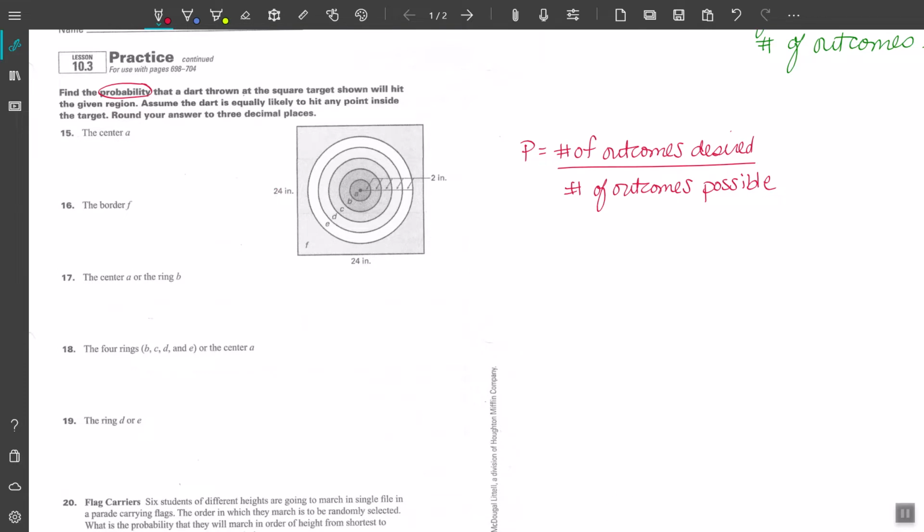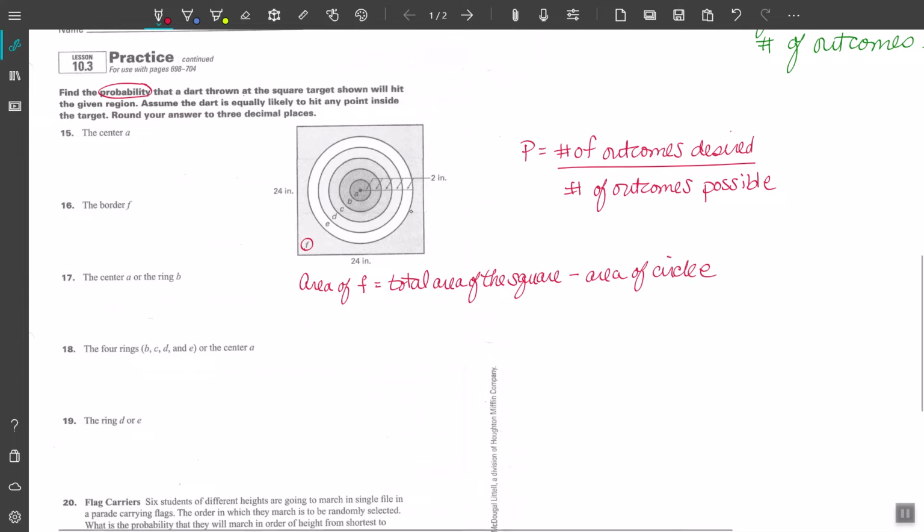So if we write that out in words first, the area of the border, F, we're talking about this right here, which is just corresponding to the border, is going to equal the total area of the square minus the area of circle E. All right, and the reason I'm saying circle E is because that's our largest circle here.